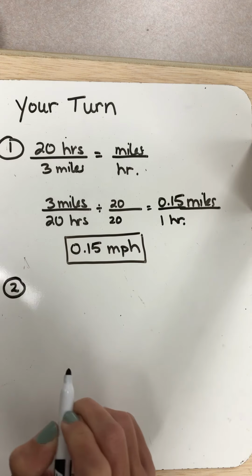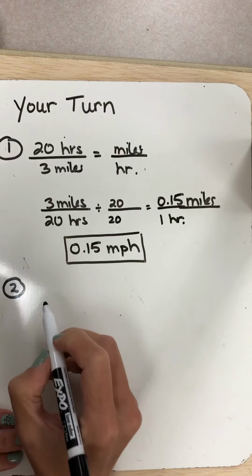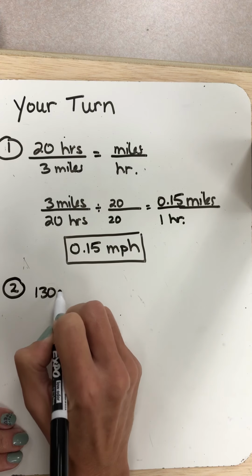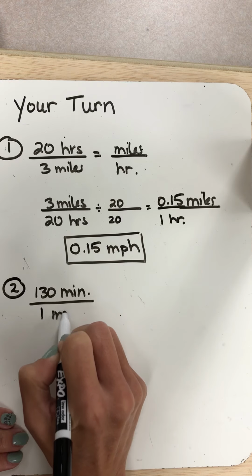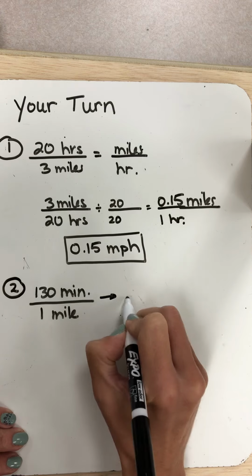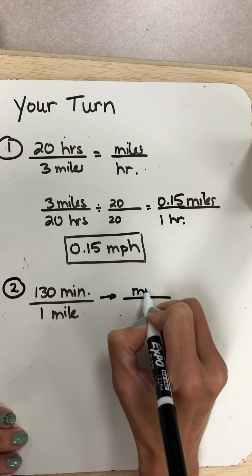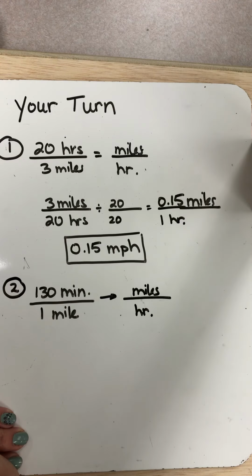Number 2. It would take a sloth 130 minutes to swim 1 mile. What is that in miles per hour? I want to have miles per hour. Well, I have minutes. I'm going to need to change that to hours.